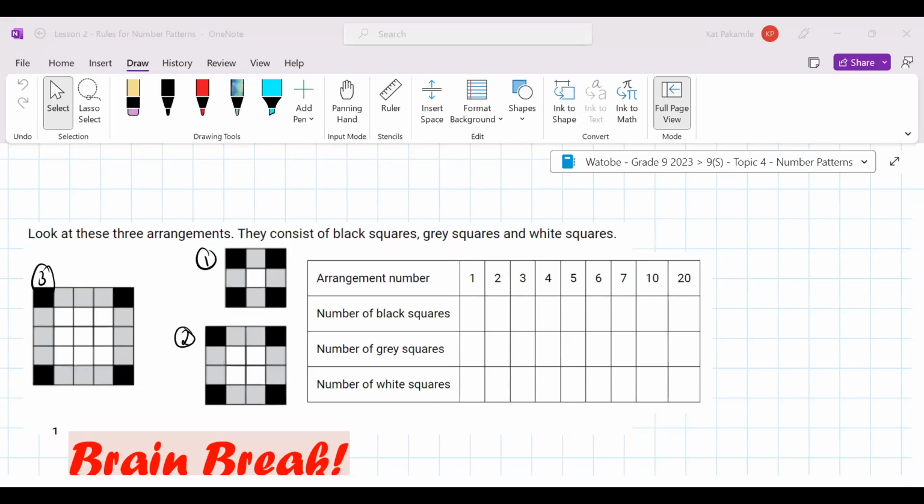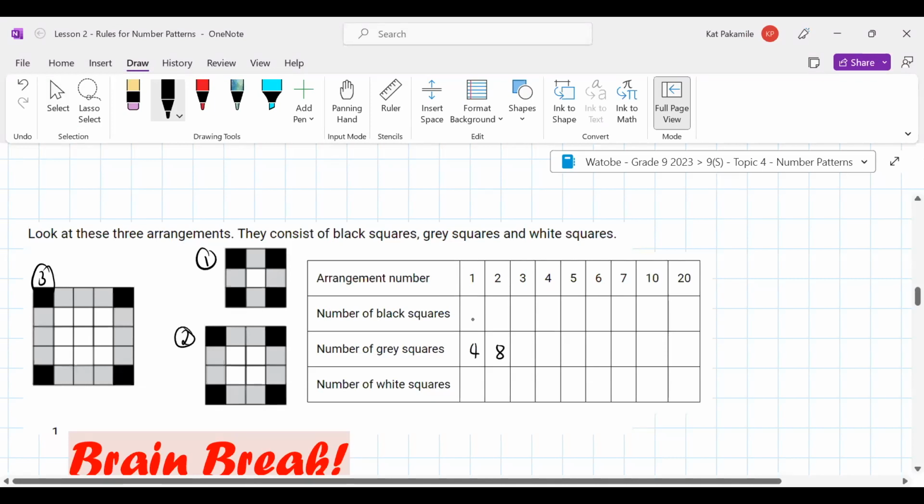In the first one we've got 4 gray squares, and then in the second one we have 8 gray squares, and then in the third one we have 12 gray squares. So how are we finding these gray squares? How will you know how many are in the fourth one? So we add with the constant difference of 4. Thank you.